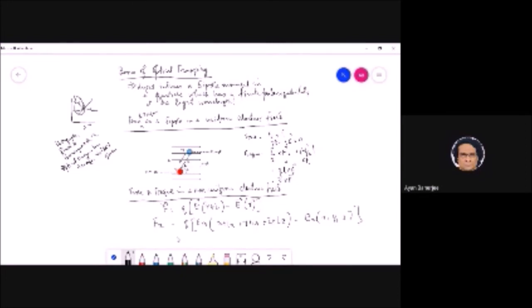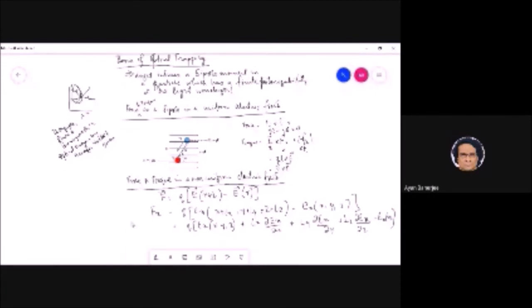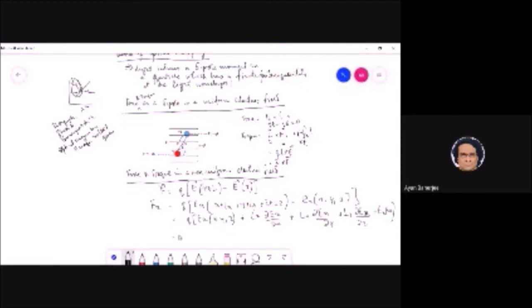That would mean that if I do a Taylor expansion now, this is just EX(X,Y,Z) plus LX del EX del X plus LY del EX del Y plus LZ del EX del Z, minus EX(X,Y,Z). Clearly, this one cancels off.